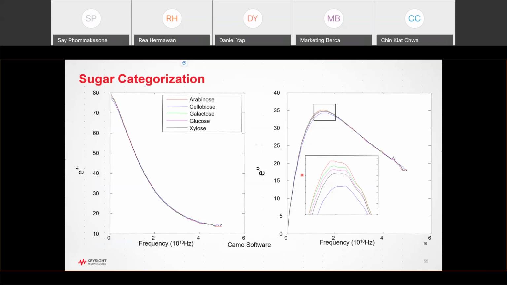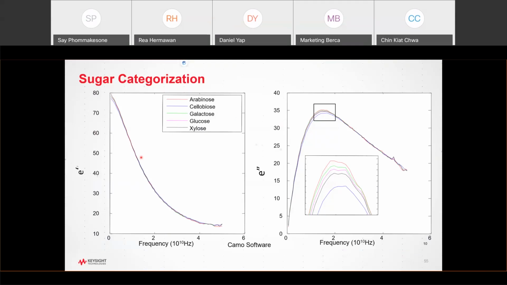The idea is you want to identify different types of sugar. Another one we did is 1% sugar and 99% water, and we can measure both. We can tell the grouping of the sugar.